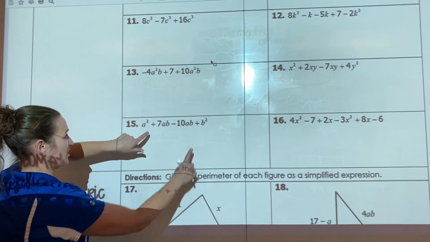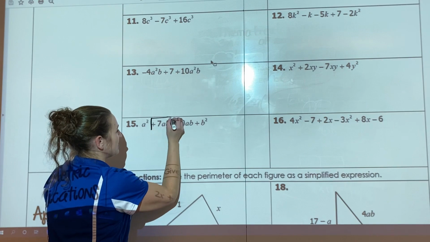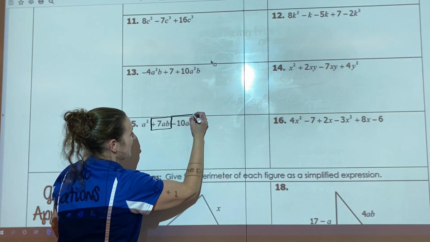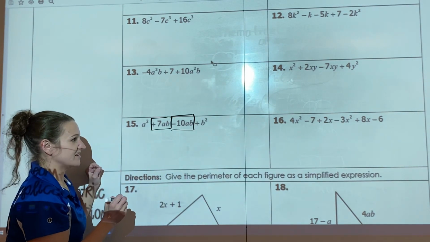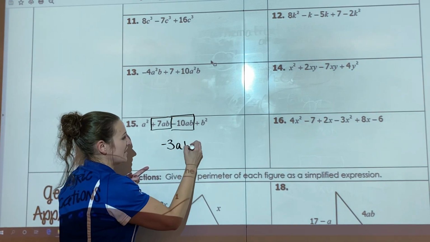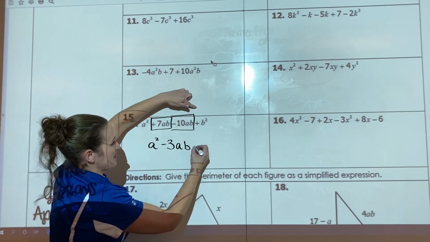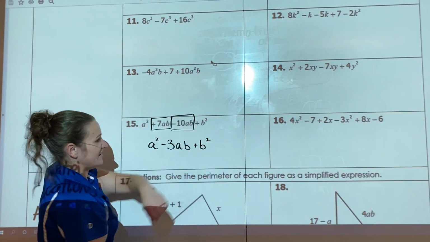Those aren't alike, but I see these two in the middle have an ab. So I know my like terms are the positive 7 and the negative 10. Together, they give me negative 3. I'm going to bring down the ab. Then I'll bring down my a squared in front and my plus b squared at the end.